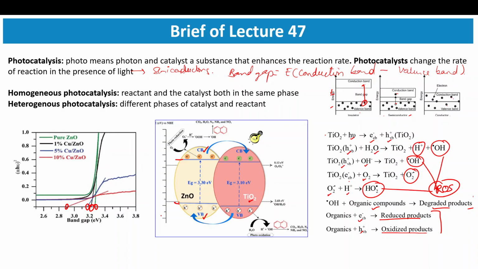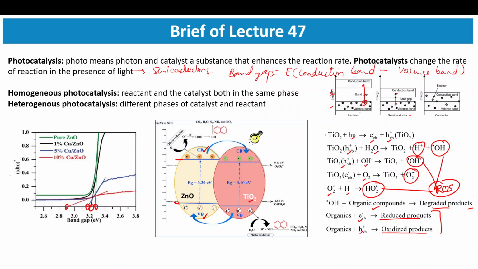Now here, what happens is there are multiple reactions. So how do you first find out the band gap, right? Band gap is nothing but the difference between the energies of the conduction and valence band. For that, you get the spectrum.